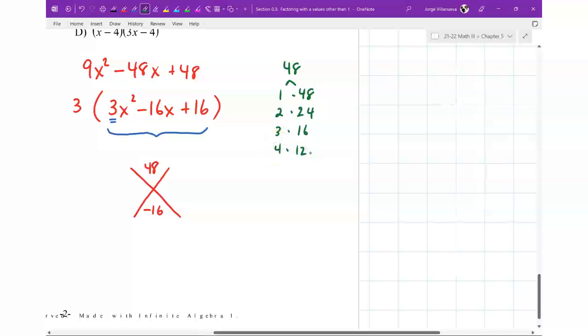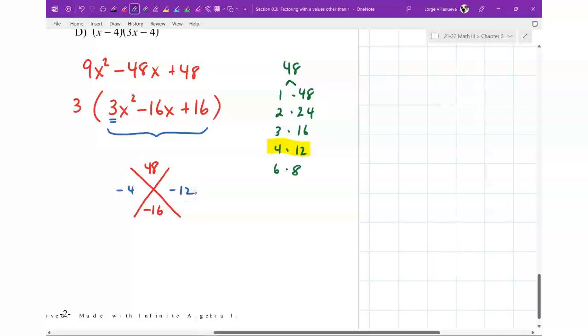I think I have one more. 6 and 8, right? But yeah, 4 and 12 is what works, because 4 and a 12 can give you 16 if you add or subtract them, right? So which way do I use my 4 and 12? What do I make them? All right, negative 4, negative 12, okay?